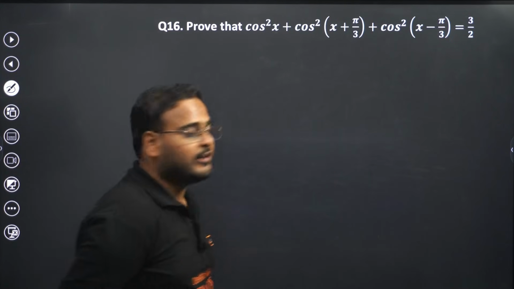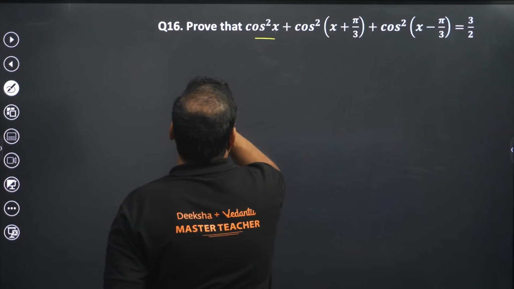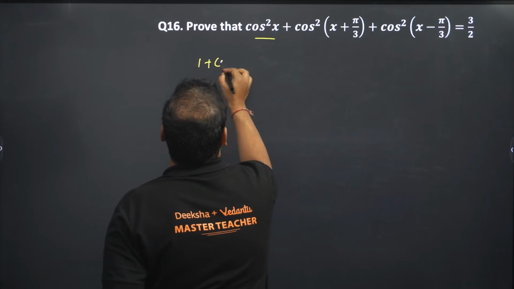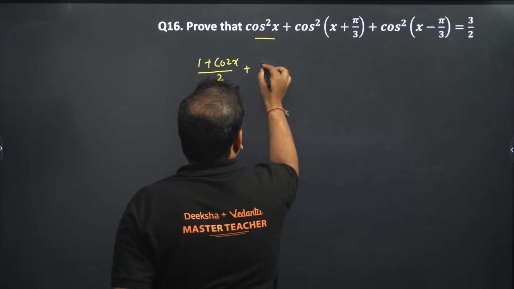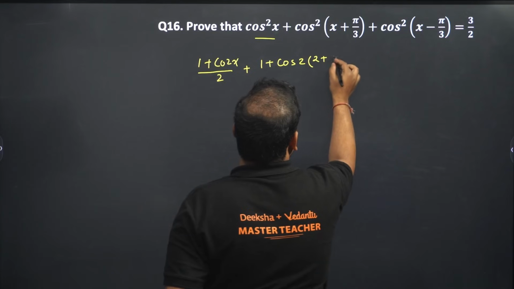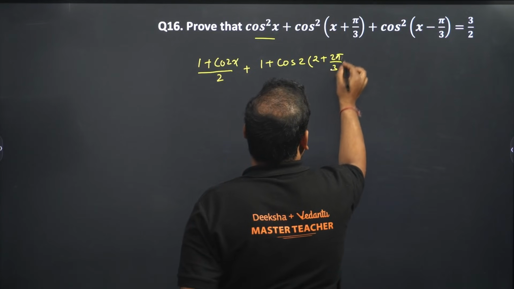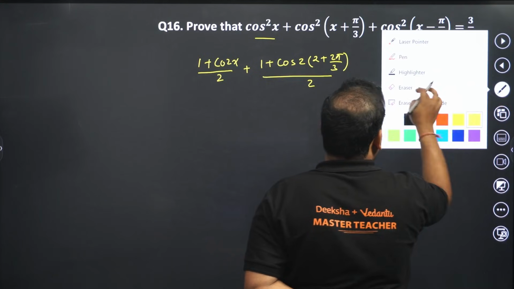Question from trigonometric identities. Cos square is there, so the formula is (1 plus cos 2x) by 2. On this side, (1 plus cos twice of (x plus 2 pi by 3)) by 2. I wrote 2, so let me change that. This will be x.